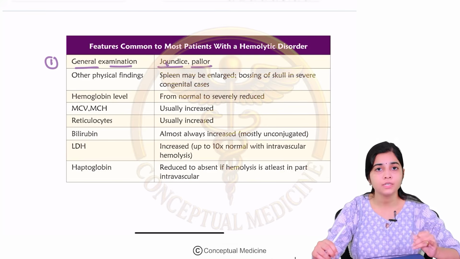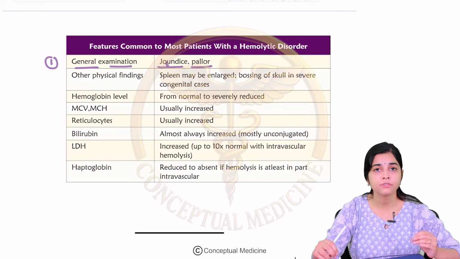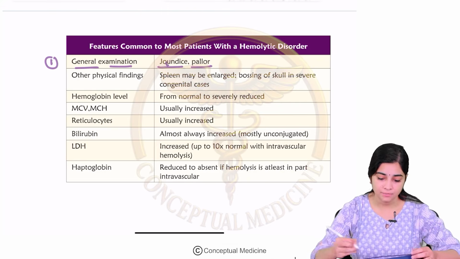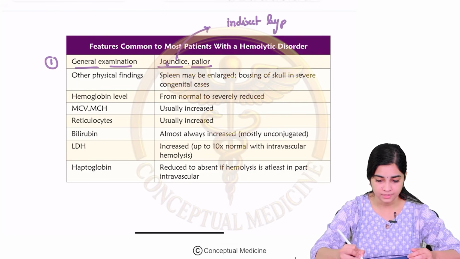Now, why is there jaundice? Jaundice is predominantly because the breakdown of RBCs results in what type of hyperbilirubinemia? It results in indirect hyperbilirubinemia.